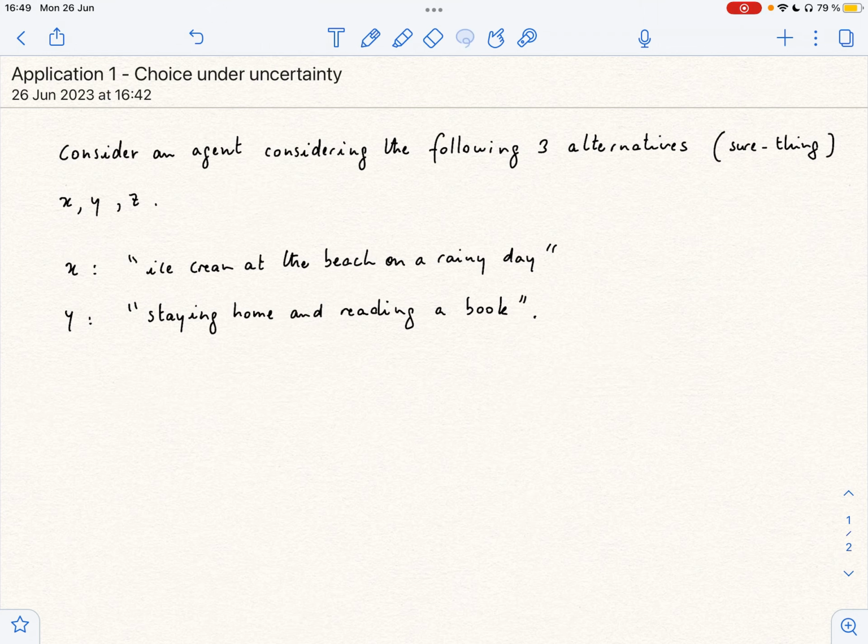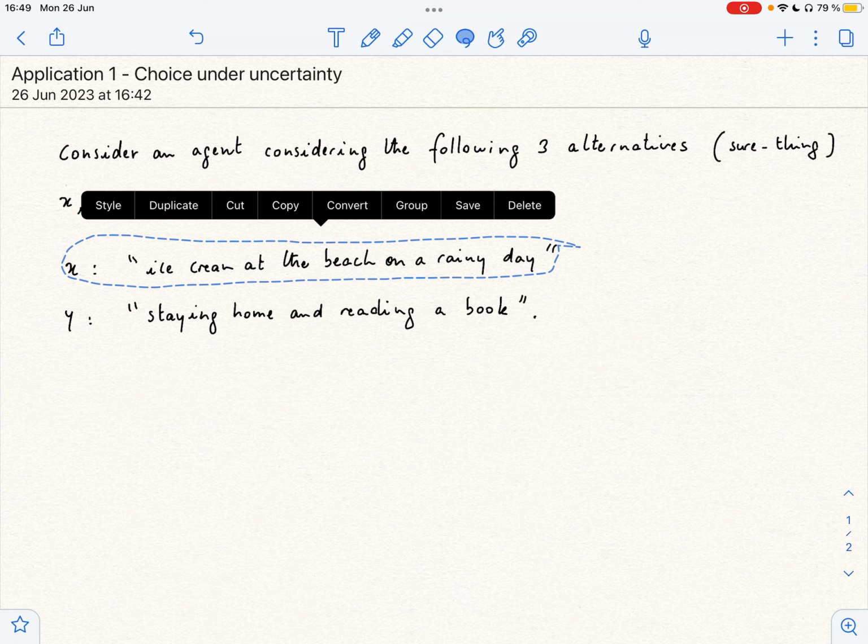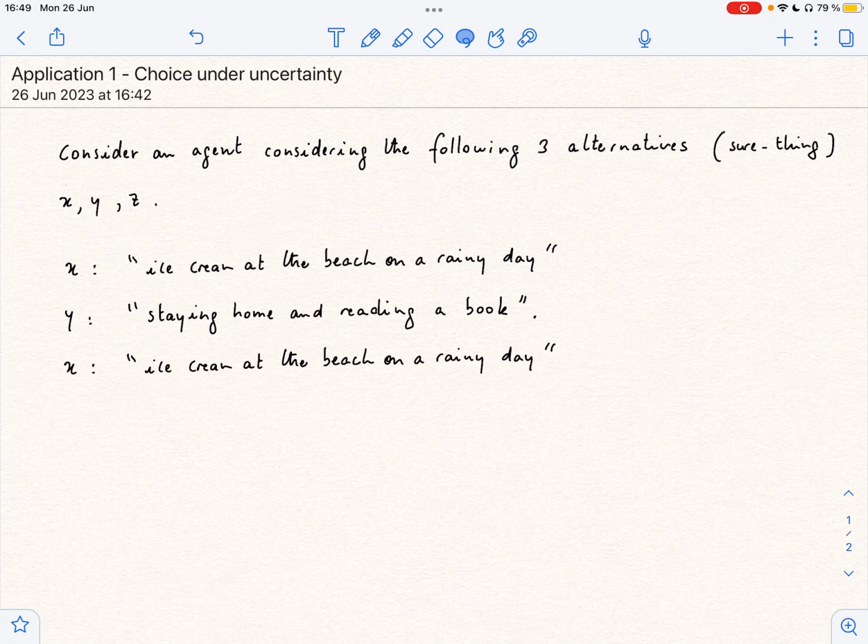So it's going to be ice cream at the beach on a sunny day. All right, so these are the three alternatives in the choice set faced by our rational agent. And we're going to be asking, how does he or she compare lotteries over these three sure thing alternatives?